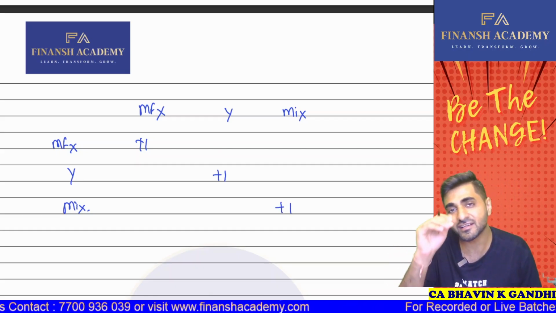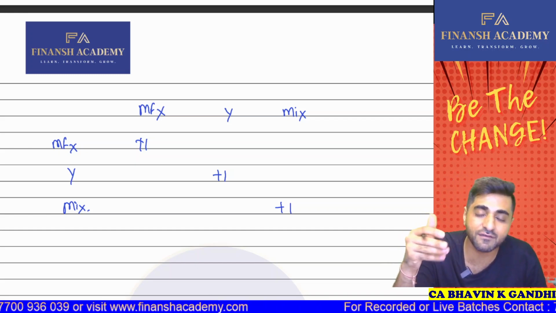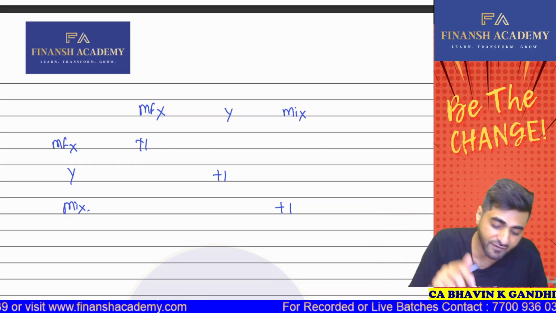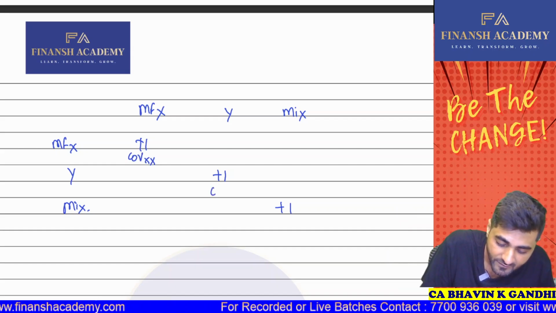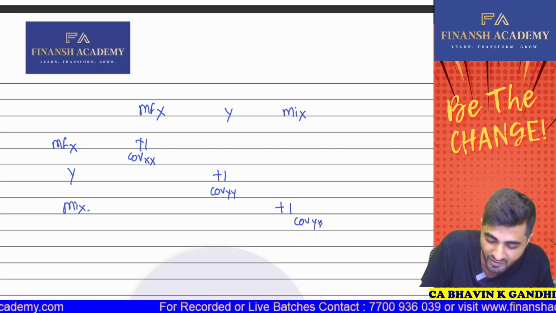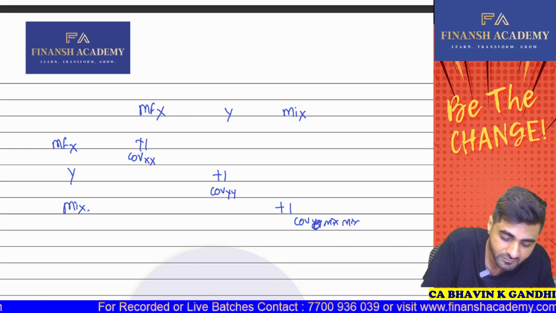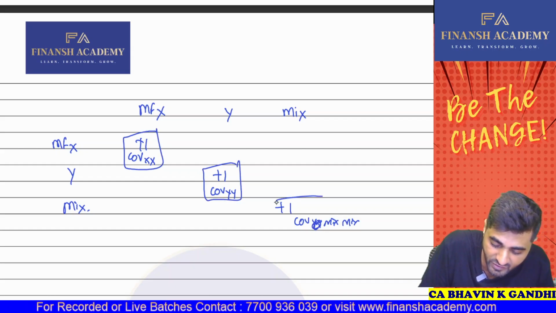So we know that the correlation coefficient amongst its own self is always going to be +1, +1, +1. But they have given you covariance. Now this is covariance of X with X. This is covariance of Y with Y. And they have given you covariance of mix with mix. So this is the matrix: first, second and third.